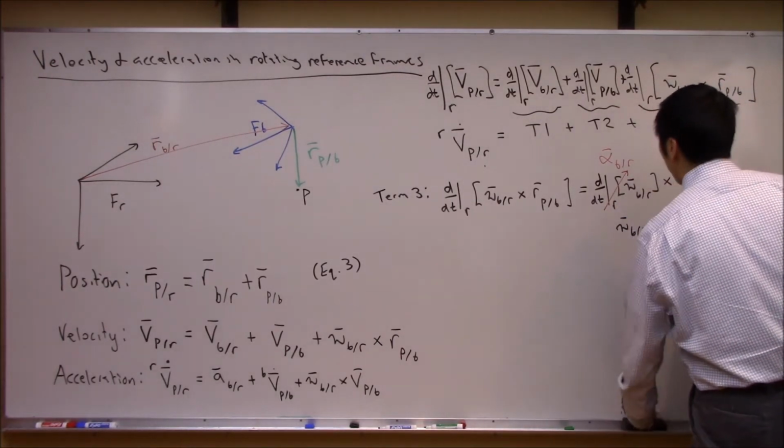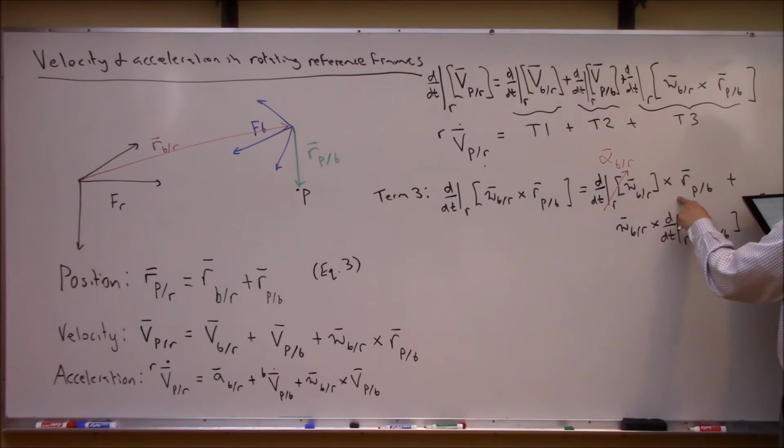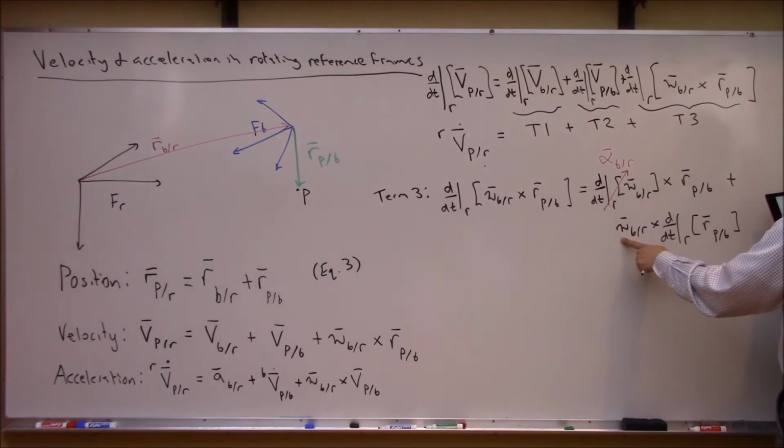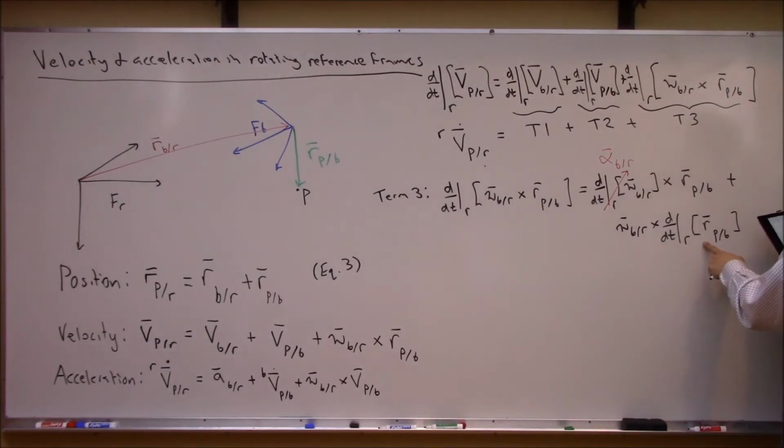So we're making progress. This term I don't think we need to do anything with. This other one, what is it? Isn't this what we did earlier? This is the position vector of p with respect to b.